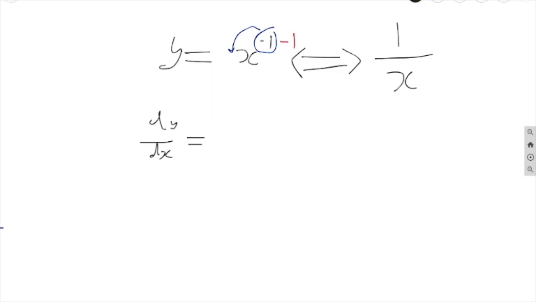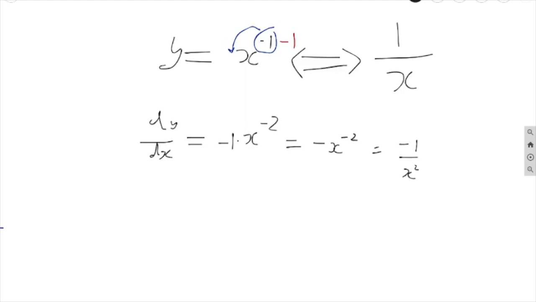So minus 1 times x, minus 1 minus 1 is minus 2, which equals minus x to the minus 2, which equals minus 1 divided by x squared, for anyone who's curious about how that works. It's the same logic, we've just got to go at it step by step.